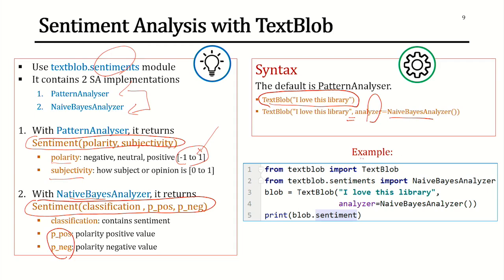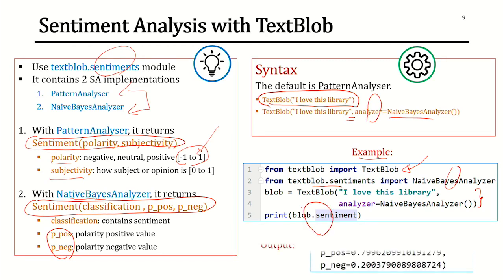So next we will take a look at this example. You create a TextBlob module, and from textblob.sentiments, you import the naive Bayes analyzer. Next, you create a TextBlob object, which uses the second implementation, the naive Bayes analyzer. To find the sentiment data, you can use this function, blob.sentiment.